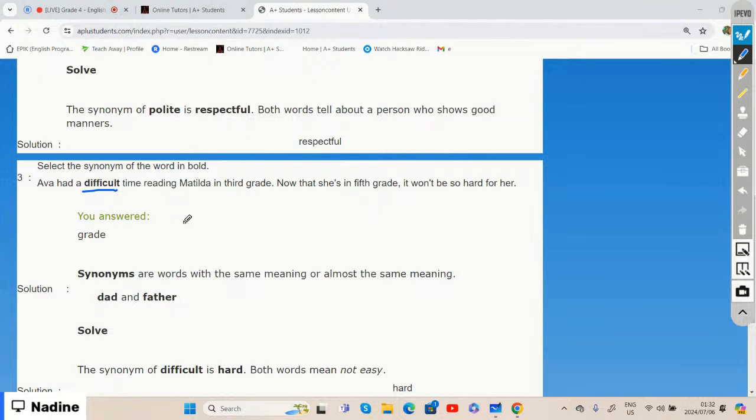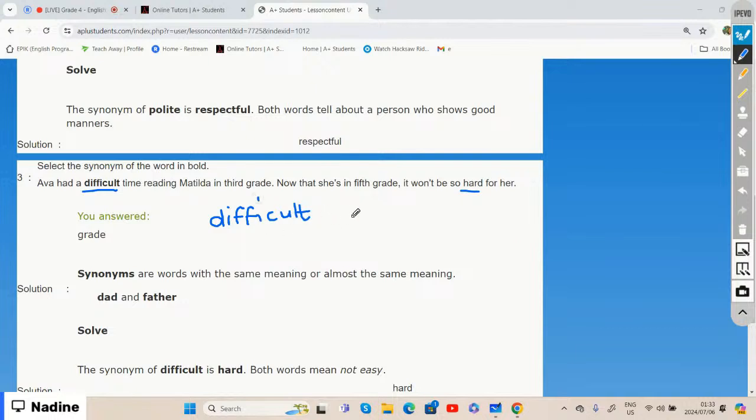All right, so it says Ava had a difficult time reading Matilda in third grade. Now that she's in fifth grade, it won't be so hard for her, right? Which means that the word that is the same as difficult, or almost the same as difficult, is hard, right? So difficult and hard are synonyms of each other.